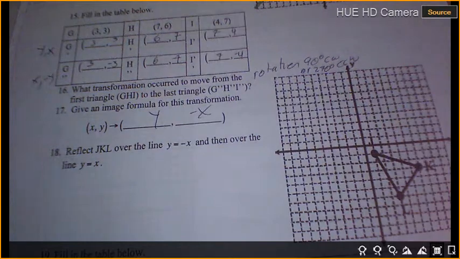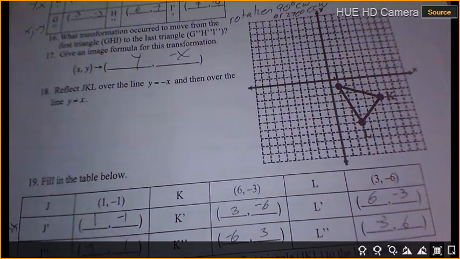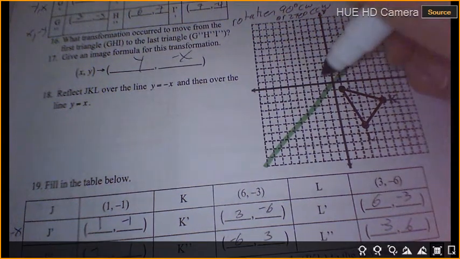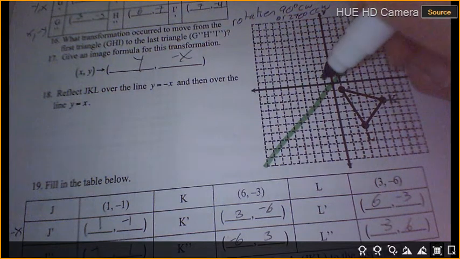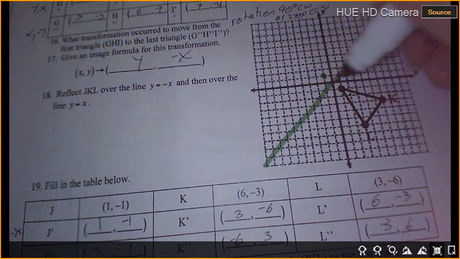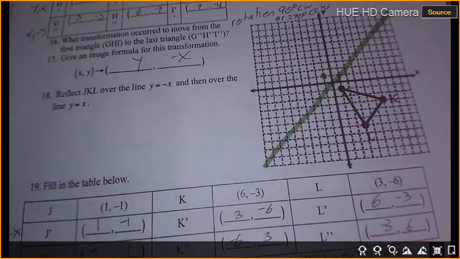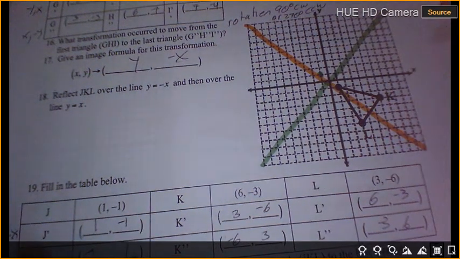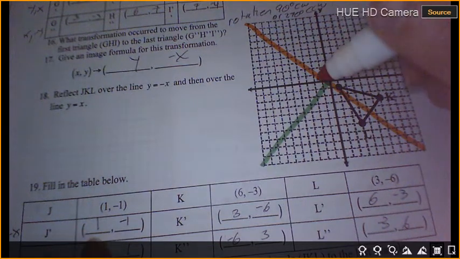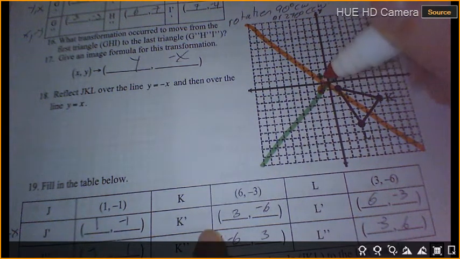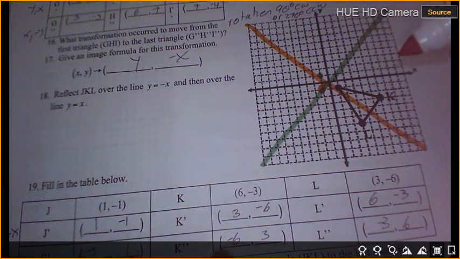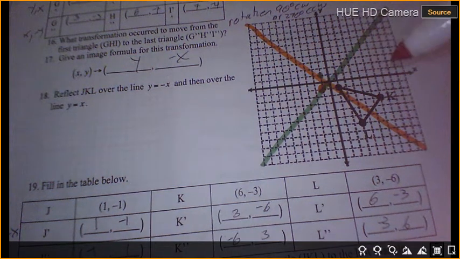Okay? Then we're going to do the same thing here. We're first going to reflect over y equals negative x, and I get 1, negative 1, 3, negative 6, and 6, negative 3.